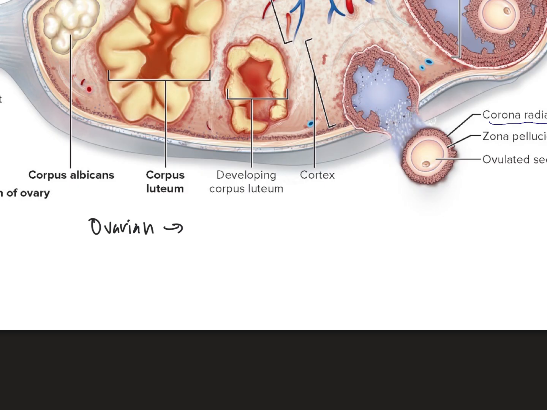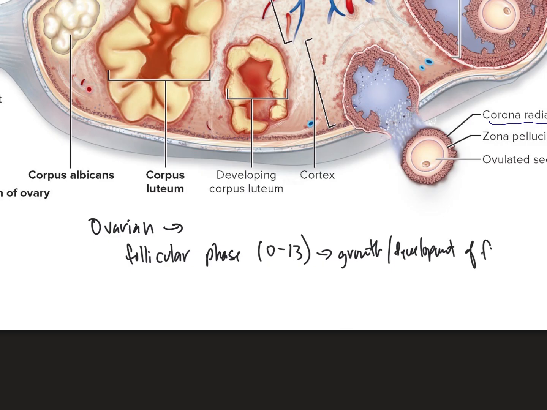So what happens first? Primordial follicles, and we start to grow a follicle. That's what we call the follicular phase, days 0 to 13, characterized by growth and development of follicles.